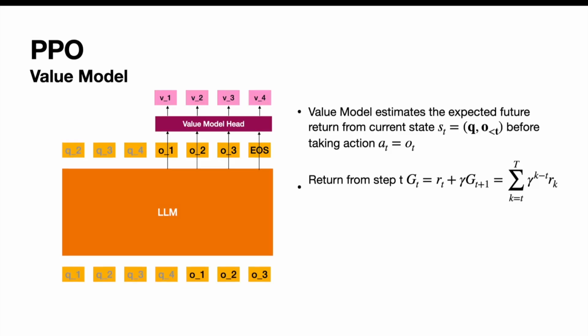In many LLM RLHF settings, gamma is often set close to 1, or even exactly 1. The reason is that the main reward often comes from the final complete answer. But earlier tokens are also important because they determine the structure, direction, and the reasoning path of the answer.